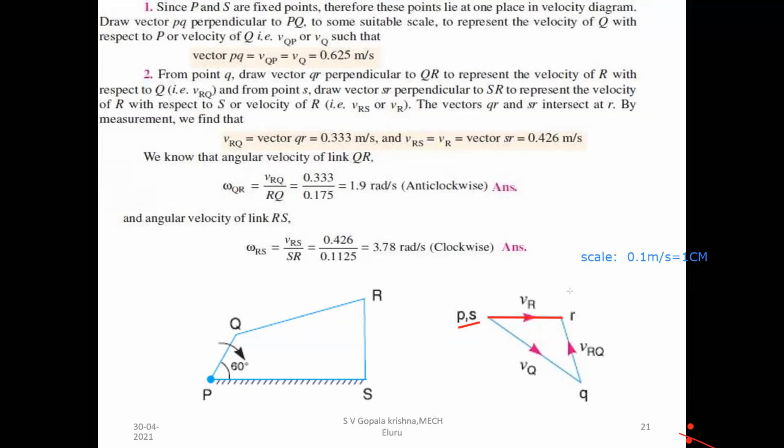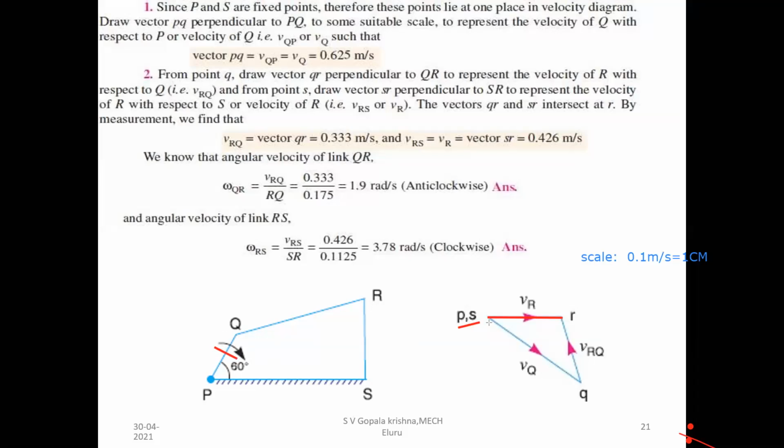The distance is known. And what is the direction? The direction is simply the perpendicular to PQ, which is what we have drawn here in our space diagram.